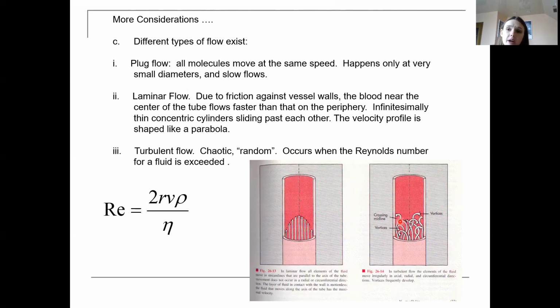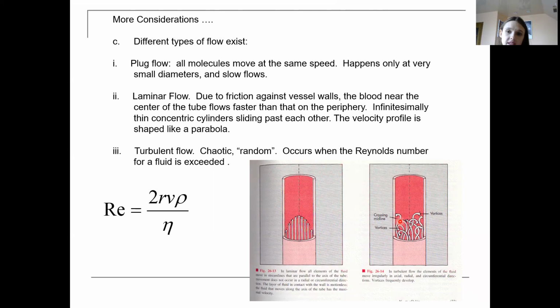Also there is another type of blood flow. It is a plug flow, when all molecules move at the same speed. It happens only in vessels of very small diameter, and the velocity is going to be very slow. Laminar flow is due to the friction against vessel walls.